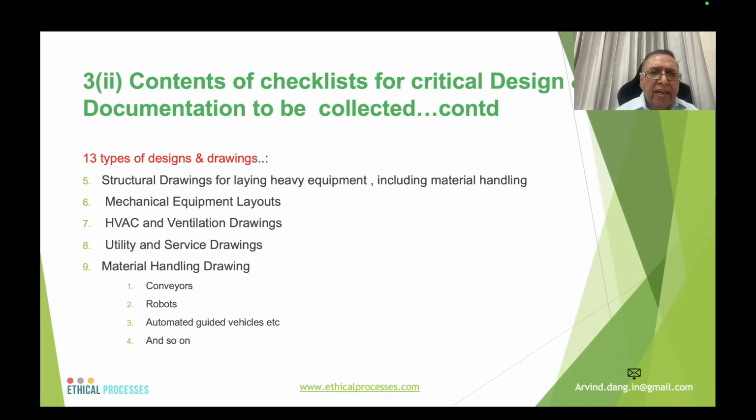Structural drawings for laying heavy equipment including material handling, mechanical equipment layouts, HVAC and ventilation drawings, heating, ventilation, air conditioning and ventilation drawings, utility and service drawings, material handling drawings for the conveyors, robots, automatic guided vehicles, etc., and so on and so forth.